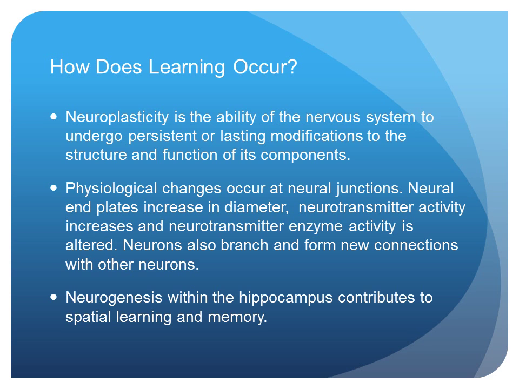Physiological changes occur at neural junctions, and at neural junctions we've got neural end plates, and they can increase in diameter, and we can also get neurotransmitter and neurotransmitter enzyme activity altered. Neurons also branch and form other connections with nearby neurons. And neuronal growth and branching within the hippocampus within the brain also contributes to spatial learning and memory.